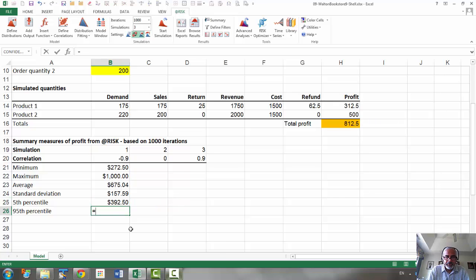The 95th percentile is RiskPercentile of total profit, 0.95, and simulation run. Okay, so now we copy.